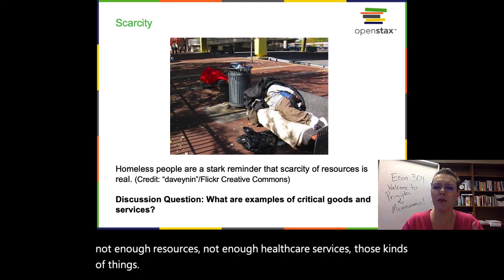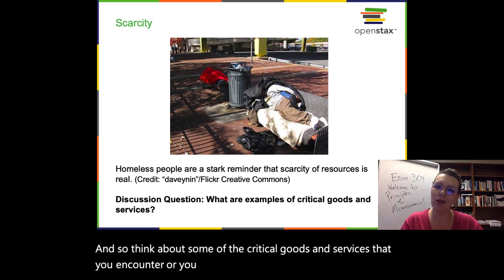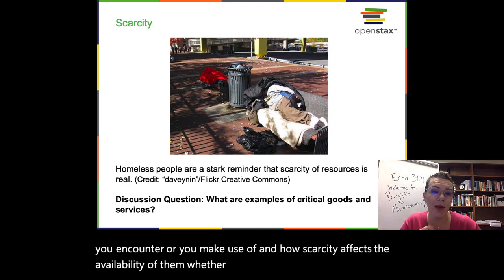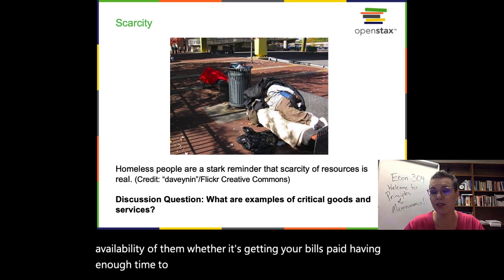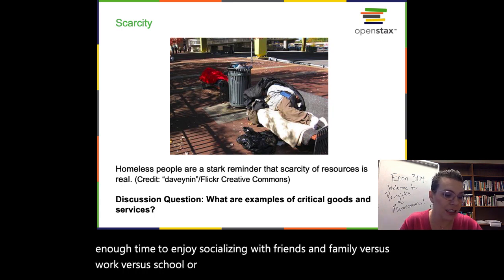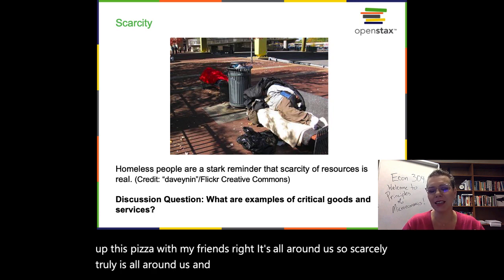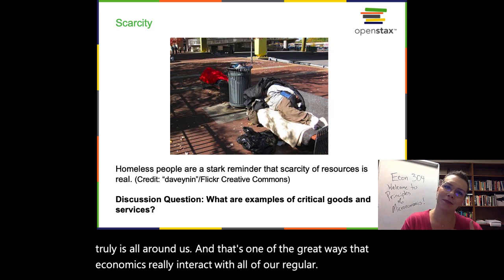And so think about some of the critical goods and services that you encounter or you make use of, and how scarcity affects the availability of them, whether it's getting your bills paid, having enough time to enjoy socializing with friends and family versus work versus school, or even scarcity in the face of how do I split up this pizza with my friends, right? It's all around us. So scarcity truly is all around us. And that's one of the great ways that economics really interacts with all of our regular daily choices.